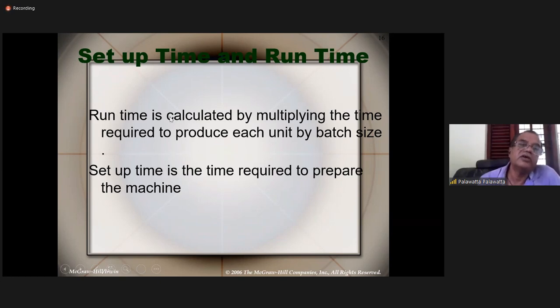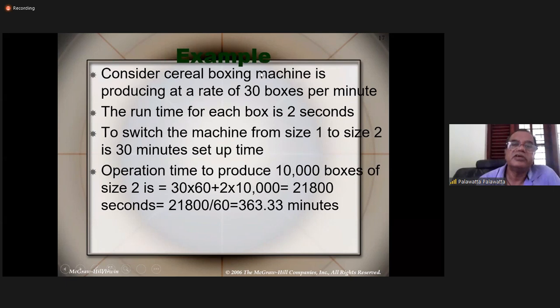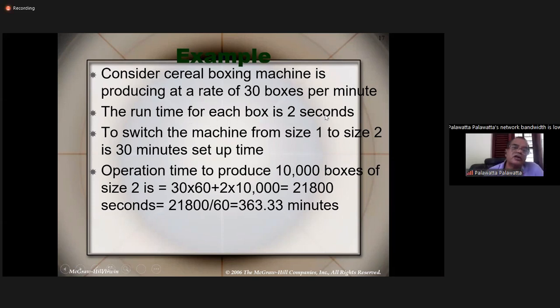So let's say you have considered a cereal boxing machine producing at a rate of 30 boxes per minute. The run time for each box is 2 seconds. A minute has 60 seconds, and in 60 seconds, 30 boxes are produced. So one box takes 2 seconds.